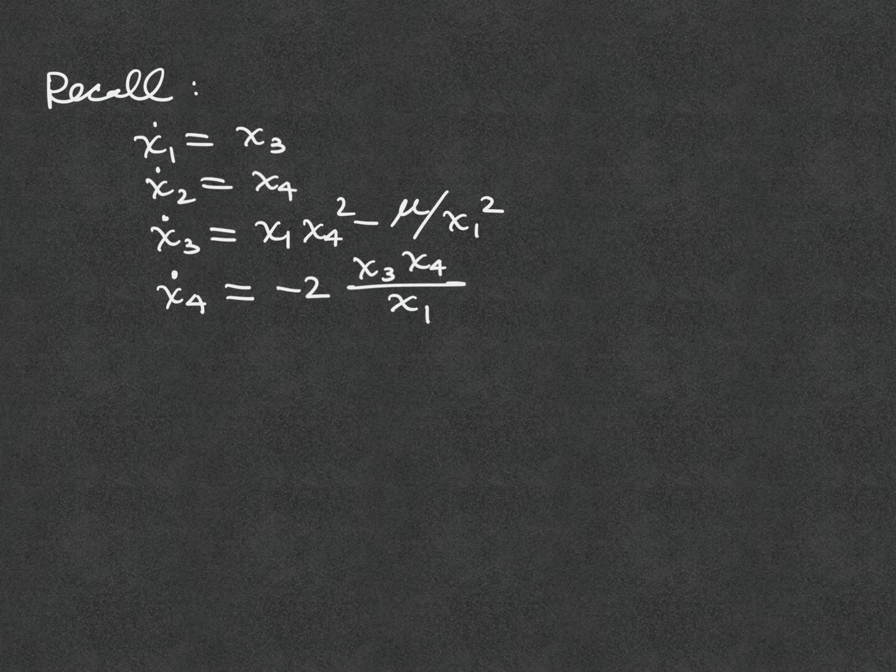Now, that means we need to write a function. This function is going to be the first input to the call to ODE 113. So the call to ODE 113 is going to be the following.